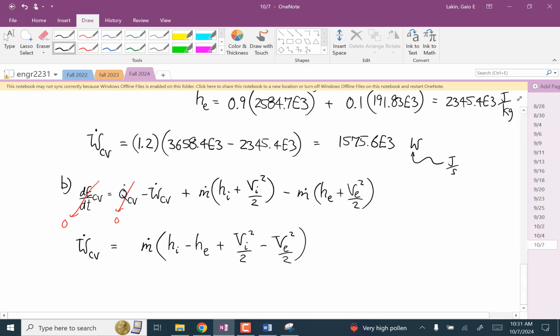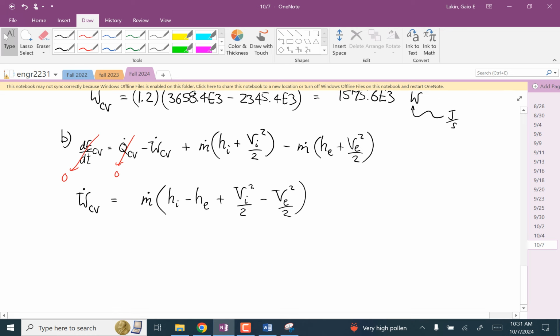And all we're doing is plugging in these additional values. So, I could write this as m dot times the quantity hi minus he plus m dot times vi squared over 2 minus ve squared over 2, because this is the stuff we had before.